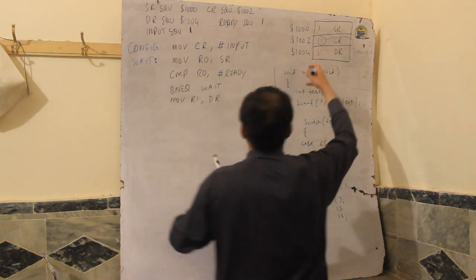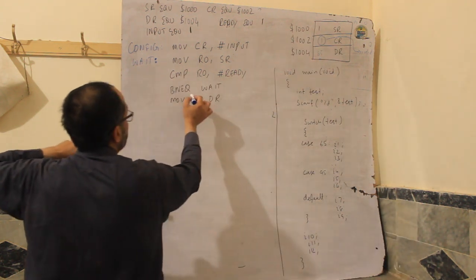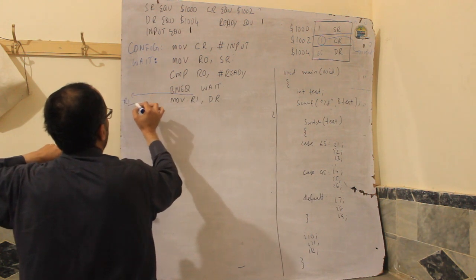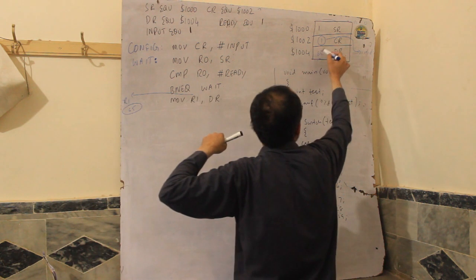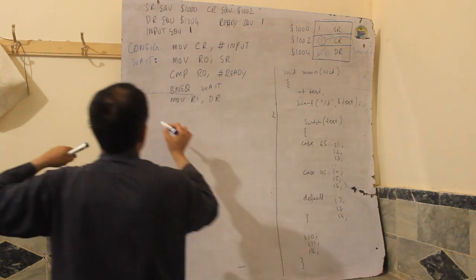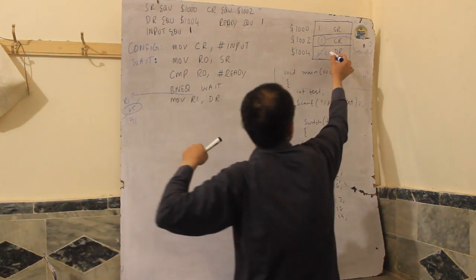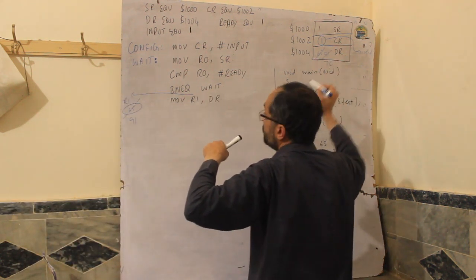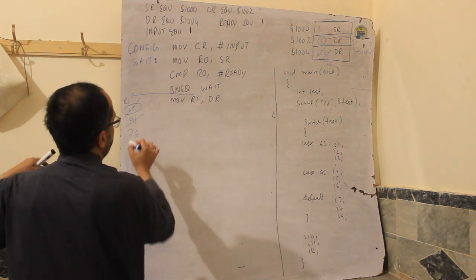It may press any value. So this value 65 will be moved into register R1. If the user presses 91, register R1 will contain 91. If the user presses 76, the value of register R1 will be 76.